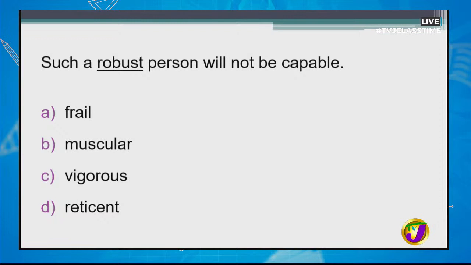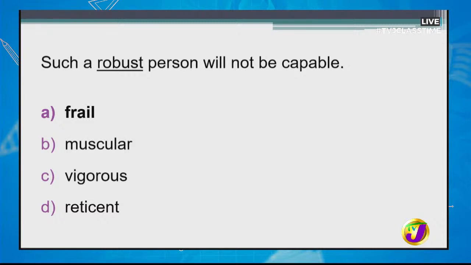So someone who is robust is someone who is very strongly built, and therefore the opposite of that is someone who is frail. And notice too, the actual meaning for robust is there. So you had muscular up there. So again, you have to remember, I'm looking for the opposite, not the synonym.